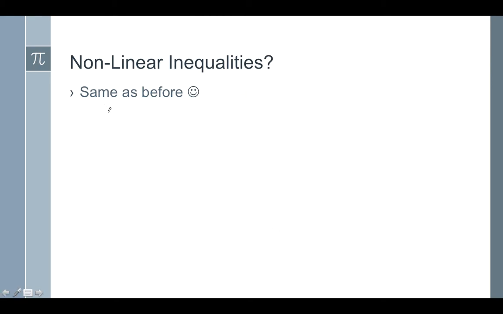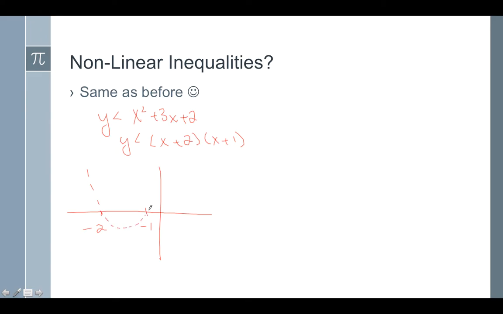Let's try that again. Let's say y is less than x squared plus 3x plus 2, which means y is less than x plus 2 times x plus 1. Let's do a dashed line like I was supposed to.